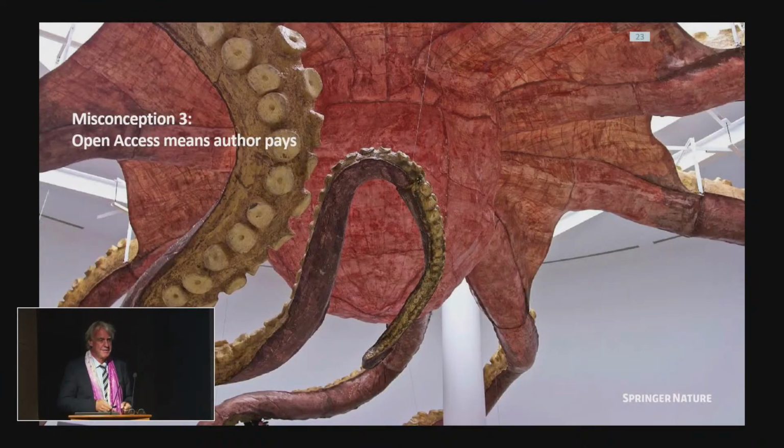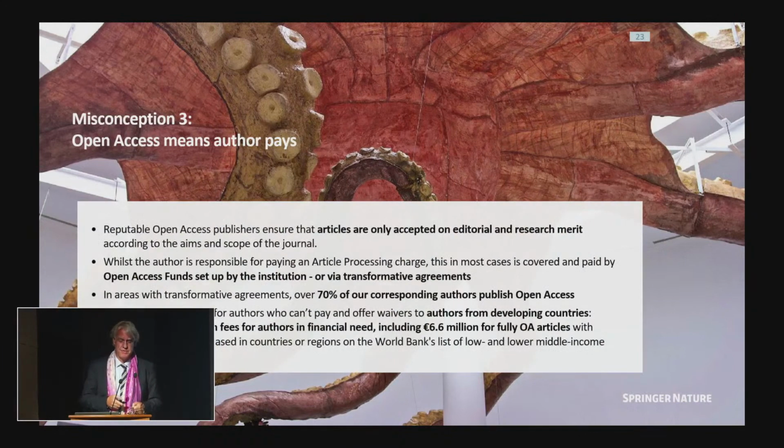Open access means the author pays. Now, in most of the world, we have library funds, we have other funds, we have transformative agreements, of course, which moved open access along in the countries where they have them to about 70%, but we also waive a lot of fees. So we waived 18.4 million euros, I think that was in 22, including 6.6 to lower and middle income countries.